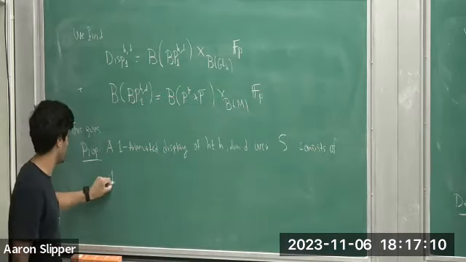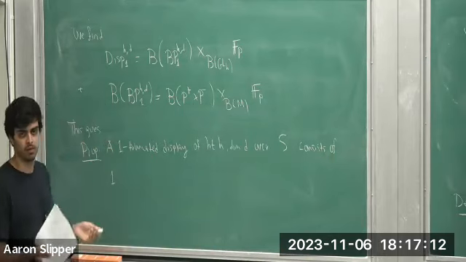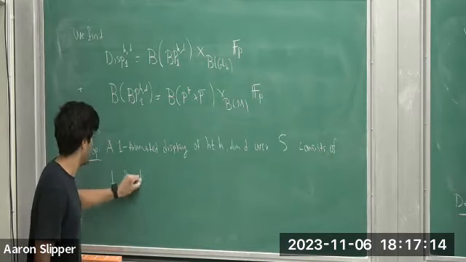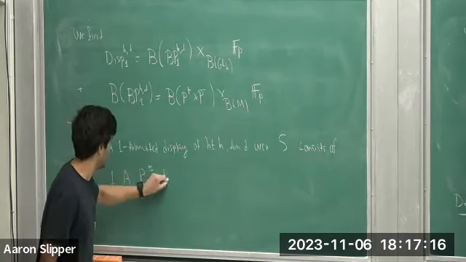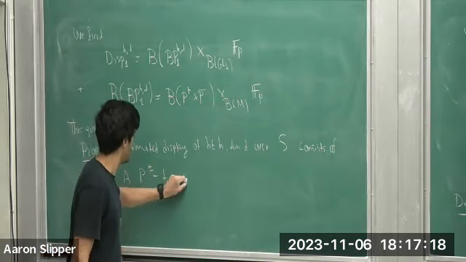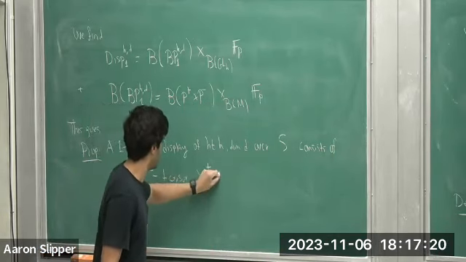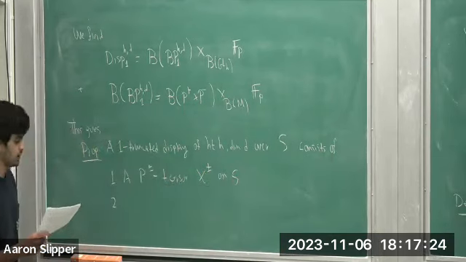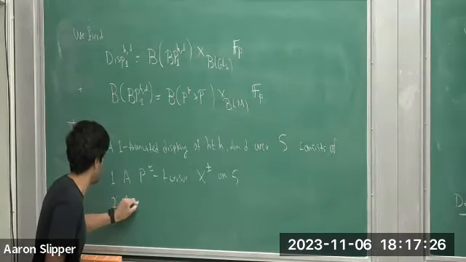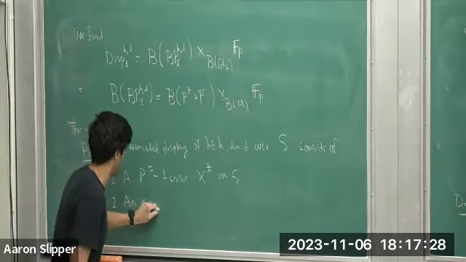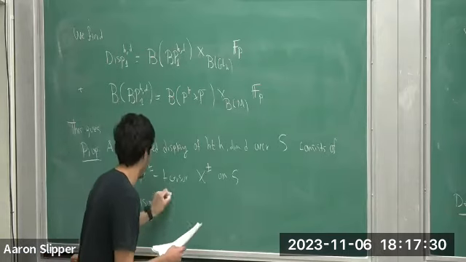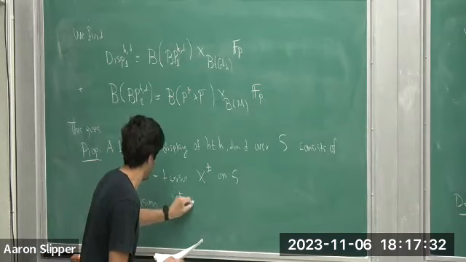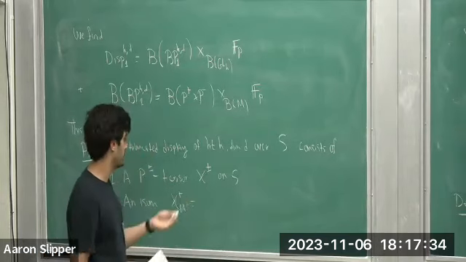First is the pair of torsors for P plus and P minus. The second is an isomorphism of X plus M with the Frobenius pullback of X minus M.